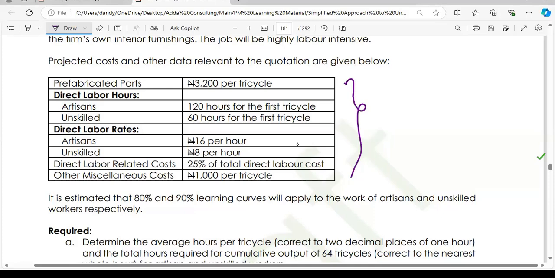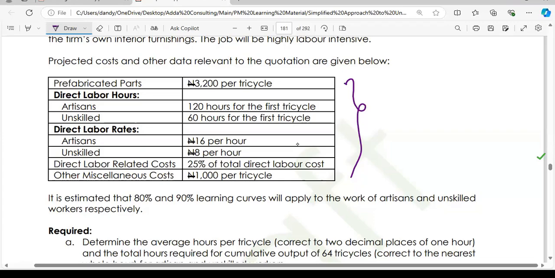Then, specifically, we get into artisans and unskilled. So that means you are going to calculate the average time taken to produce 64 tricycles for artisan as well as for unskilled labor. You do it separately because you have different learning rates.